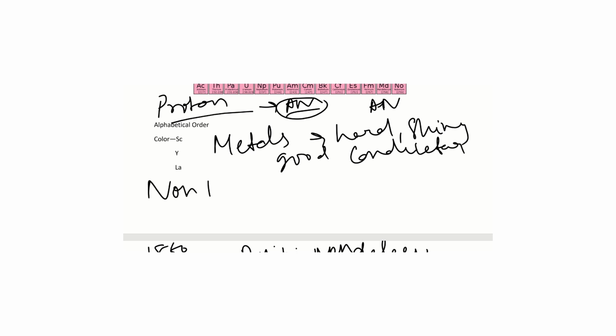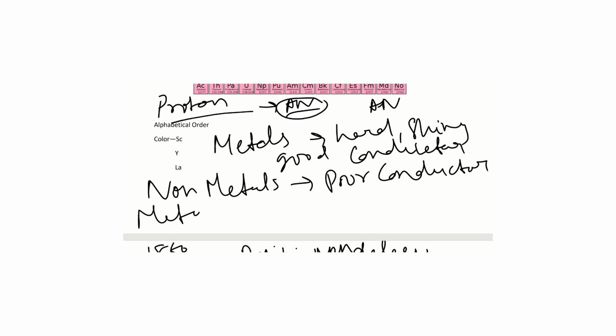Non-metals are not shiny, not malleable, and are poor conductors of heat and electricity. And metalloids are elements that share some of the properties of metals and some of the properties of non-metals.